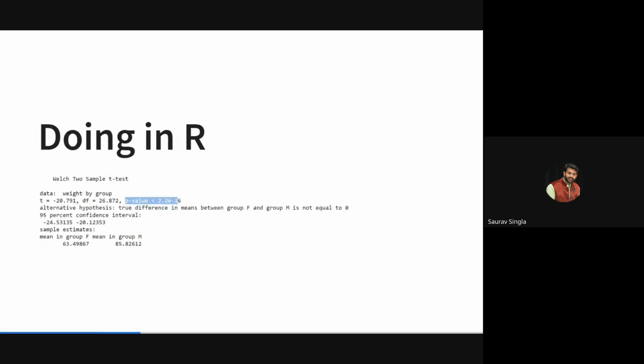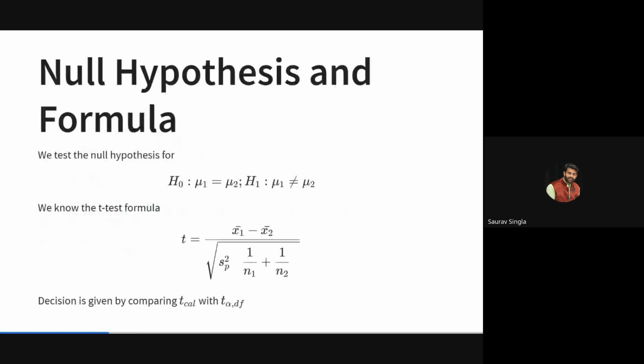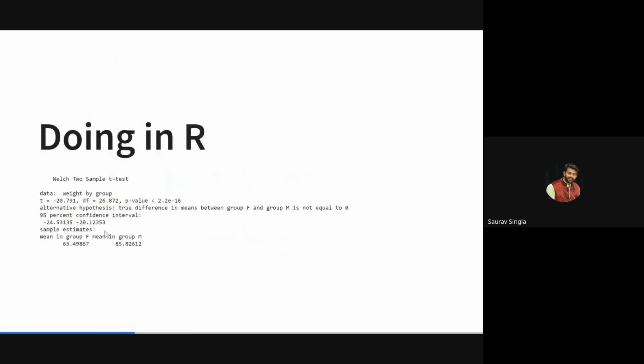When you say your test was significant, then you have to say that your alternate hypothesis, which was that mu1 is not equal to mu2, is considerable, and your null hypothesis, which is mu1 equals mu2, is not considerable. Okay. So this is the basic t-test, when you have two group means.